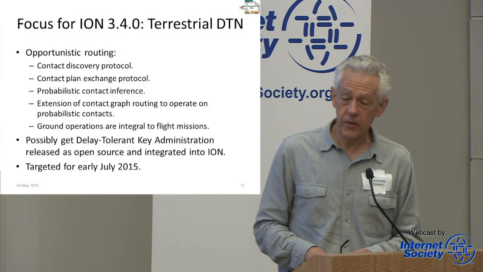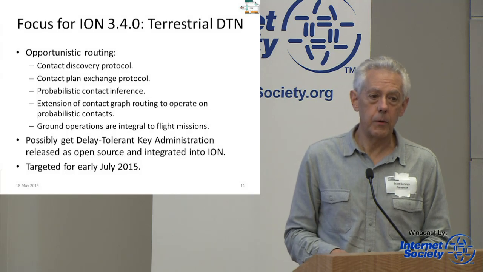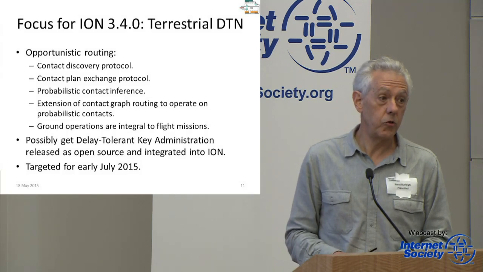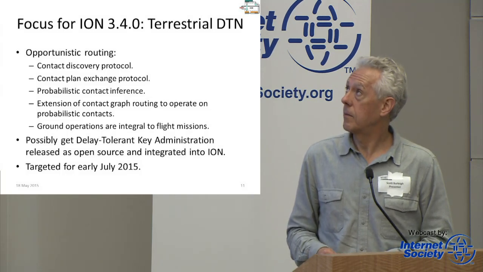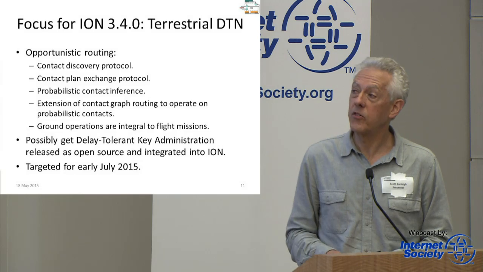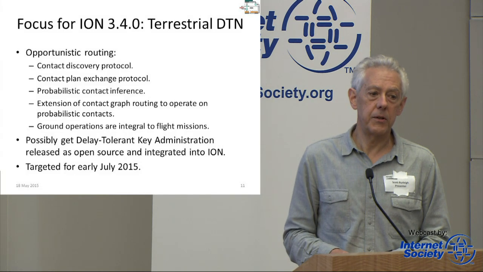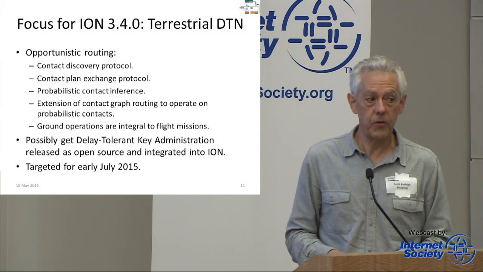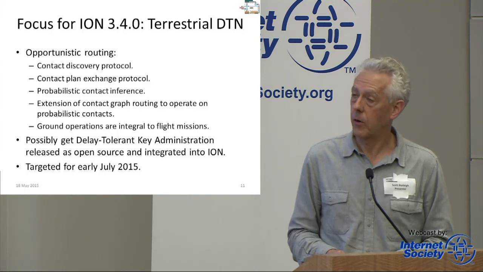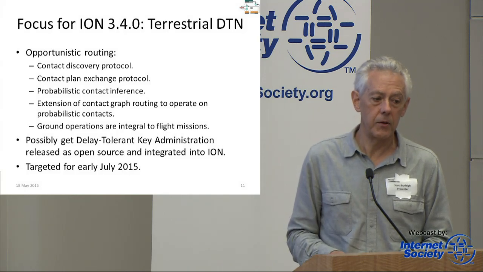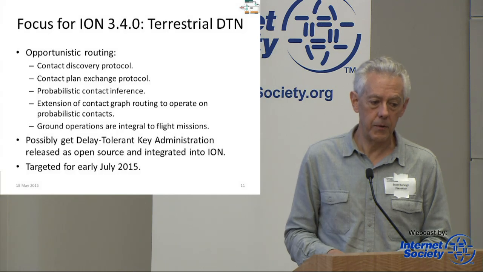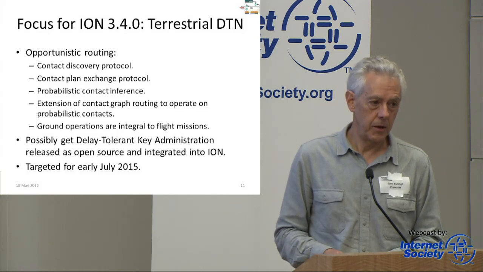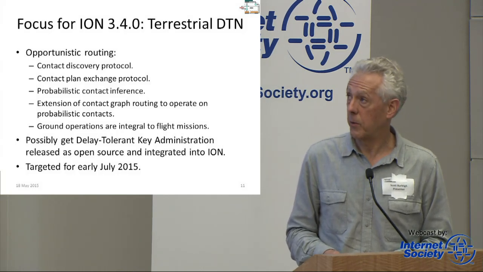So next coming up, the target here is early July. That originally was going to be end of May, but it was really important to do the ISS work, and so some of this other work slipped a bit. So we're at least a month behind on getting the 3.4 features out.